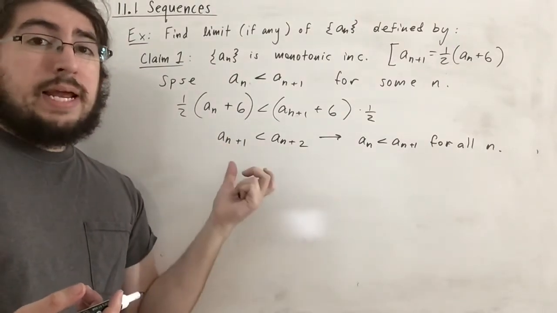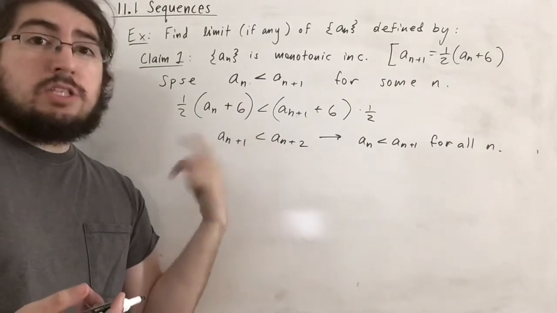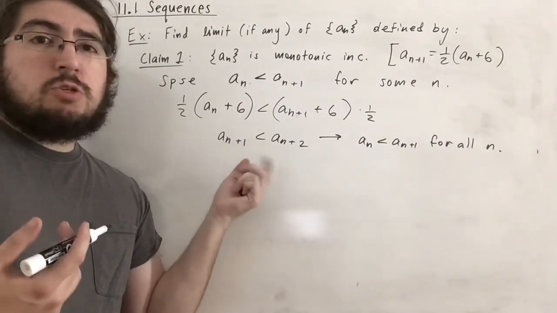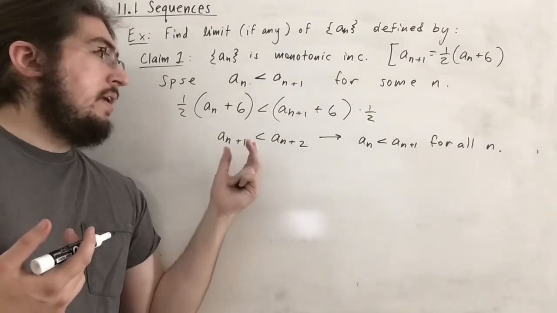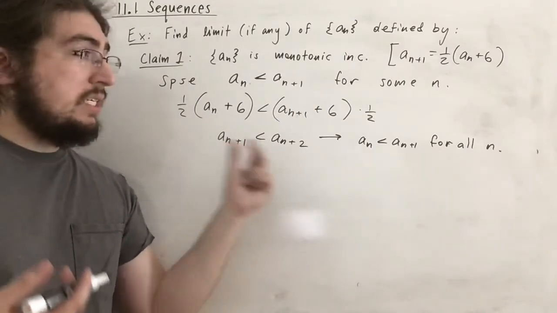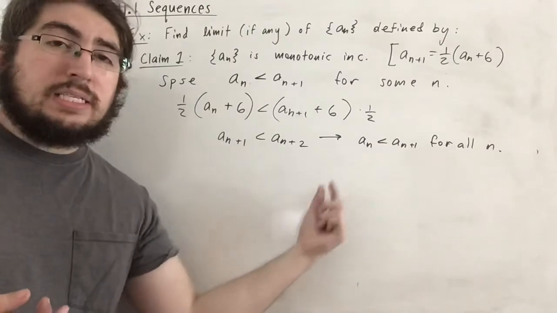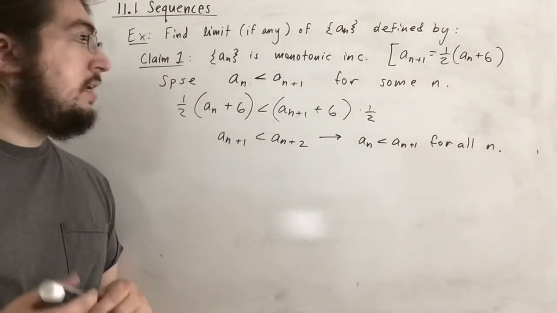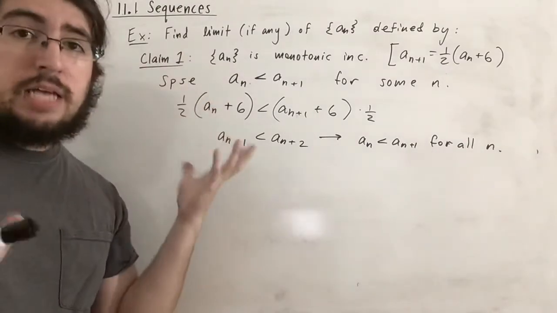So if you keep doing this argument over and over, essentially what this shows is that it's true for all integers n. So no matter what the subscript is, it is actually true that a sub n is less than the next term in line, a sub n plus 1. So this first claim has been shown.